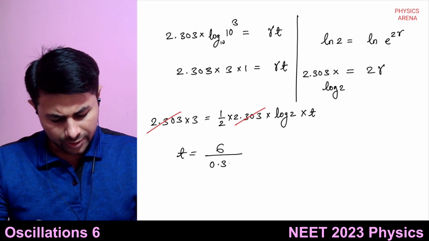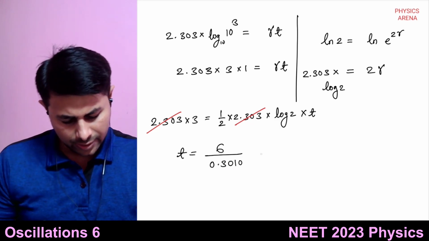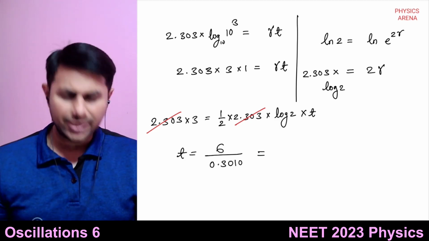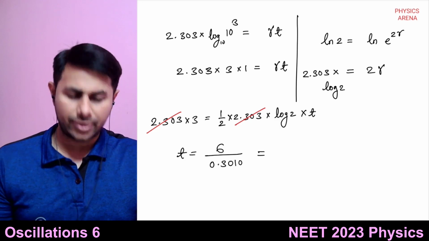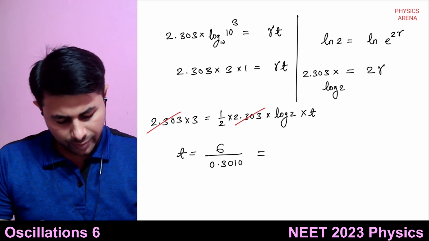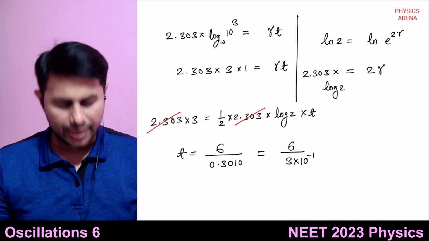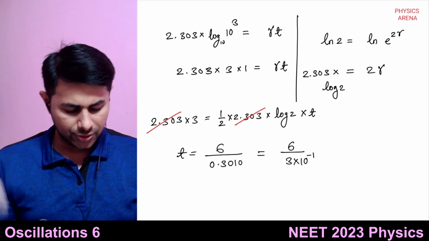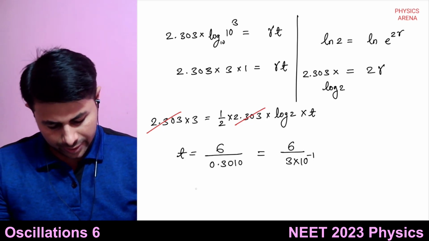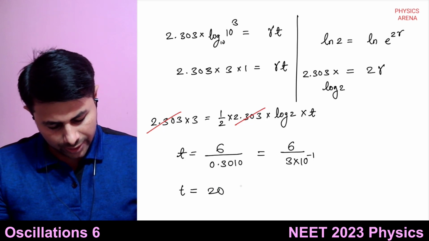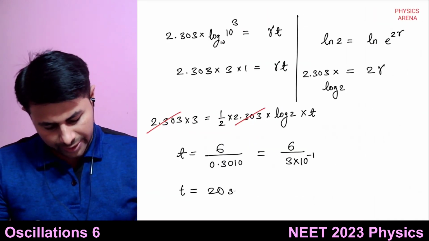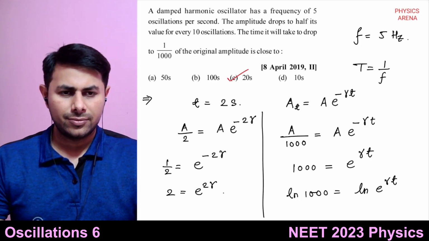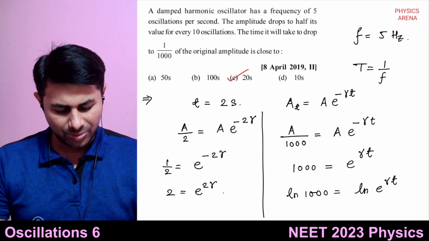It is 0.3010. In round figures, it's 0.3 only. So 6 upon 0.3, which is 3 multiplied by 10 raised to minus 1. Taking that 10 raised to minus 1 in the numerator, it becomes 10 raised to plus 1. So 6 upon 3 is 2, 2 times 10, so it is 20. So t equals 20 seconds. This is the answer. Option C. No, it's not option A. Option C is the answer.